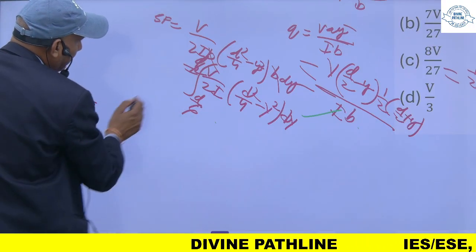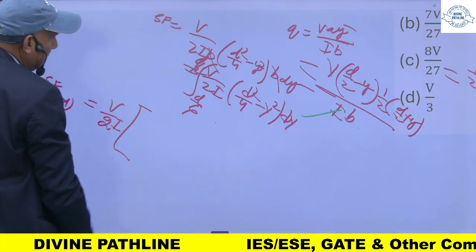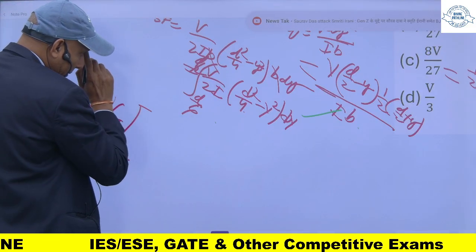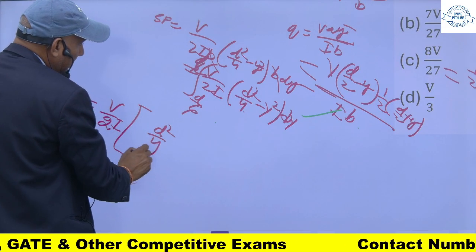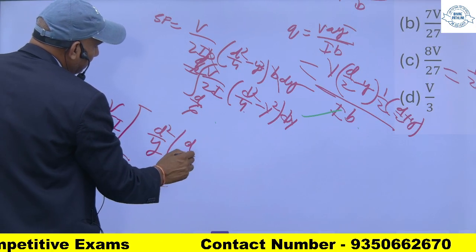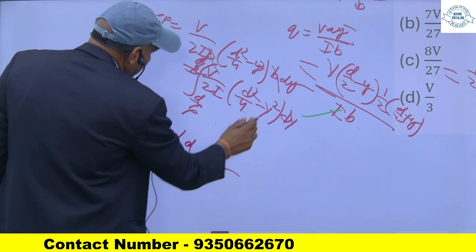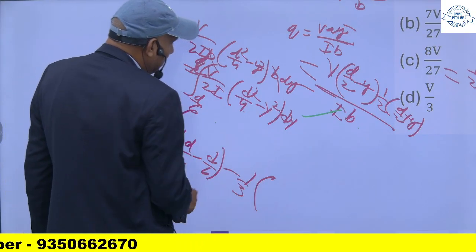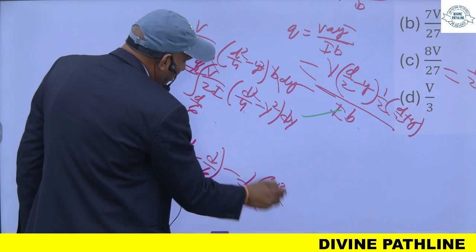So this will be V upon 2I, and this will be D square by 4 into y, from D by 6 to D by 2, minus y cube upon 3, and y cube will be the cube of this one minus the cube of this one.